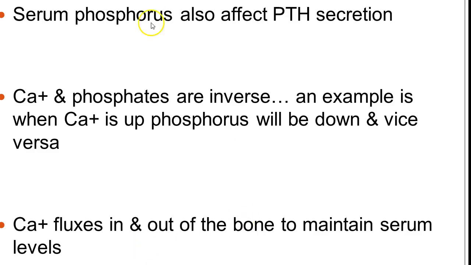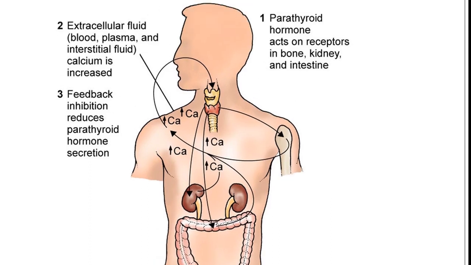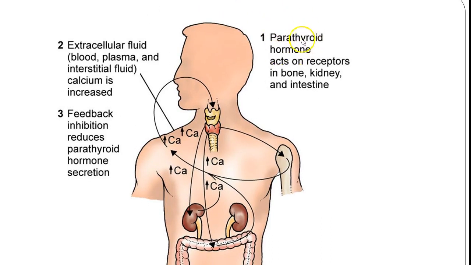All right, and this again is just that picture. I think this picture is in your book. I just want to show you again how parathyroid hormone acts on receptors in bone, kidney, and intestines, and that through extracellular fluid in the blood plasma and interstitial fluid, calcium is increased.